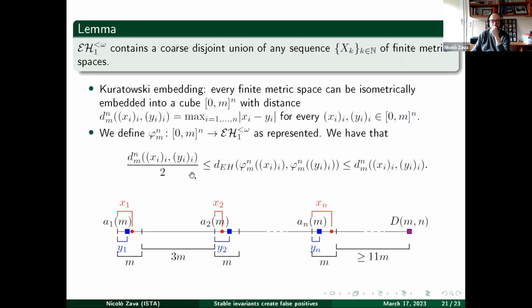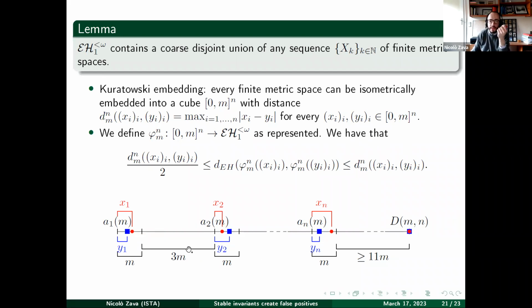So let me point out a couple of things. First is that this upper bound is quite easy to see. Why? Because suppose you have x1, ..., xn and y1, ..., yn, so two elements of the cube. Then already the Hausdorff distance between the red dots and the blue squares is going to be the original distance.